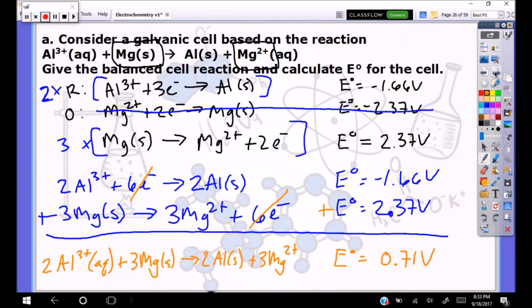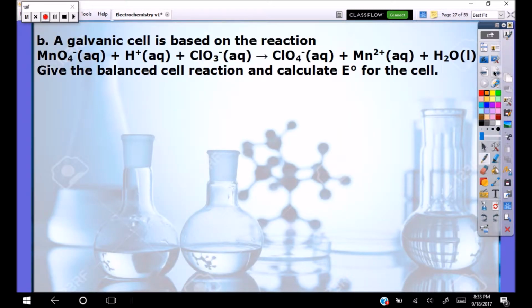Okay. So let's write our 2 half reactions. We've got, let me change this back to black. All right, so MnO4- aqueous plus H+. Sorry, that was 8H+.